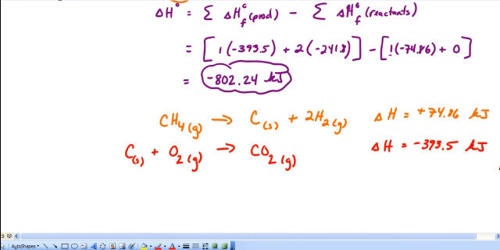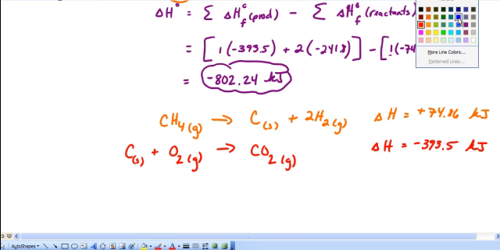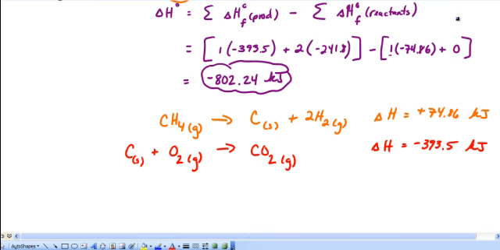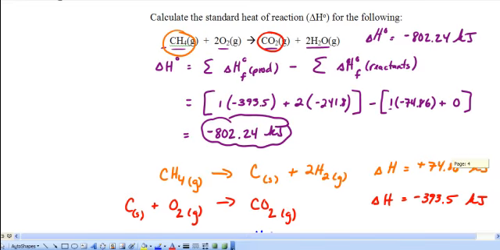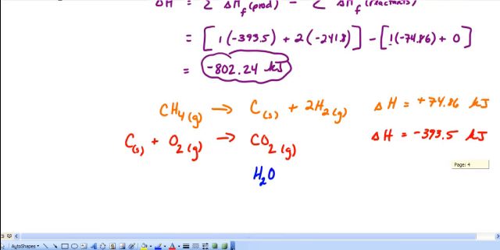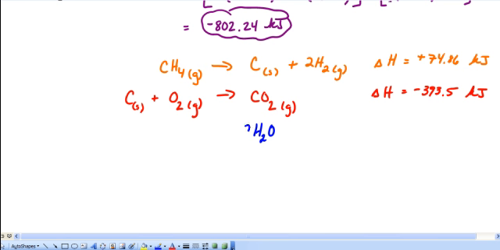kilojoules. And then finally, for the water, if we want to form water, but remember our balanced equation calls for 2 waters, so we're going to need to run this thing twice, or just double everything. So this would be hydrogen gas plus oxygen gas, and to balance we put a 2 out front there, and now this thing is in fact balanced.